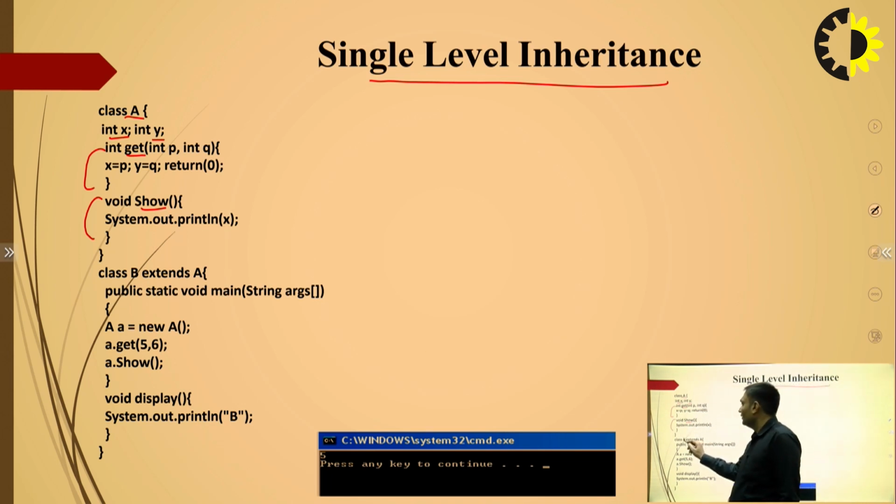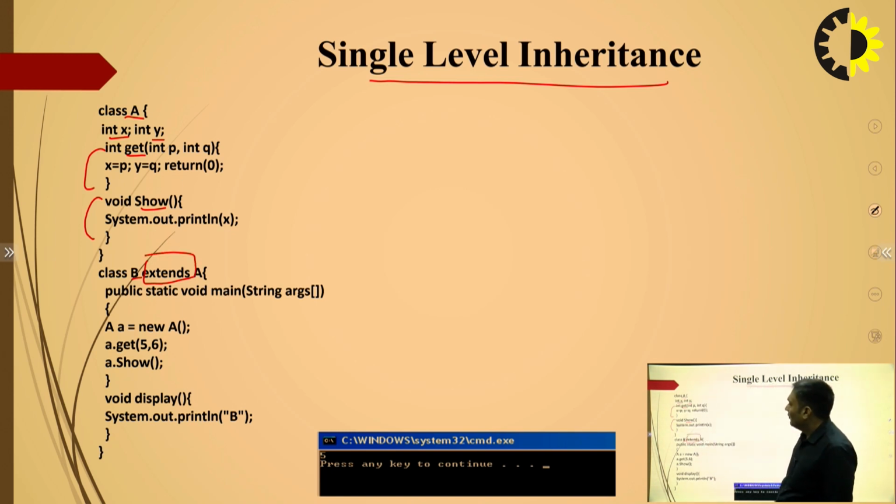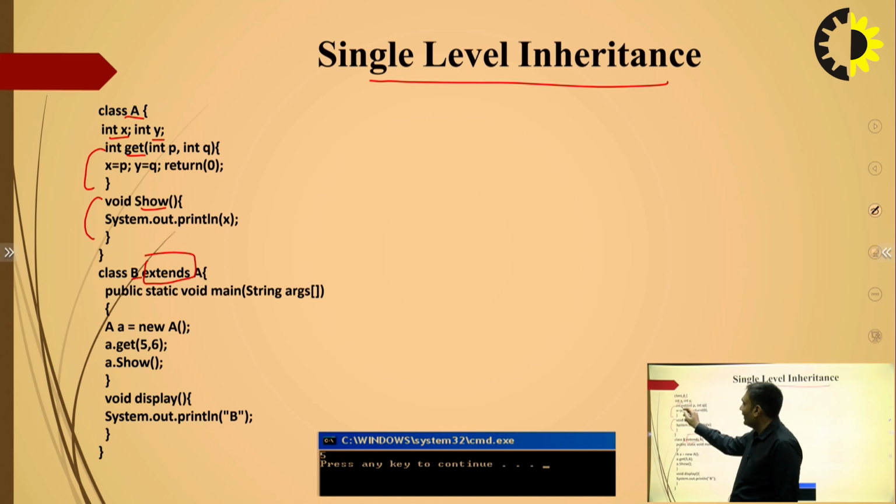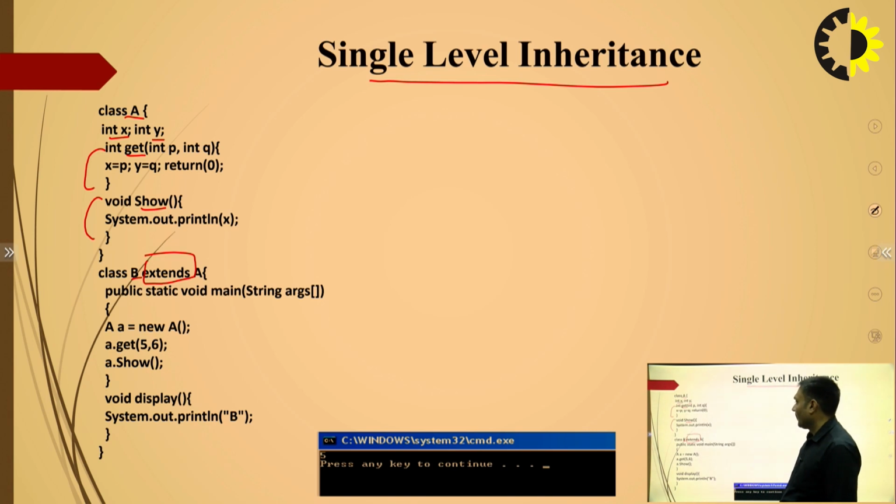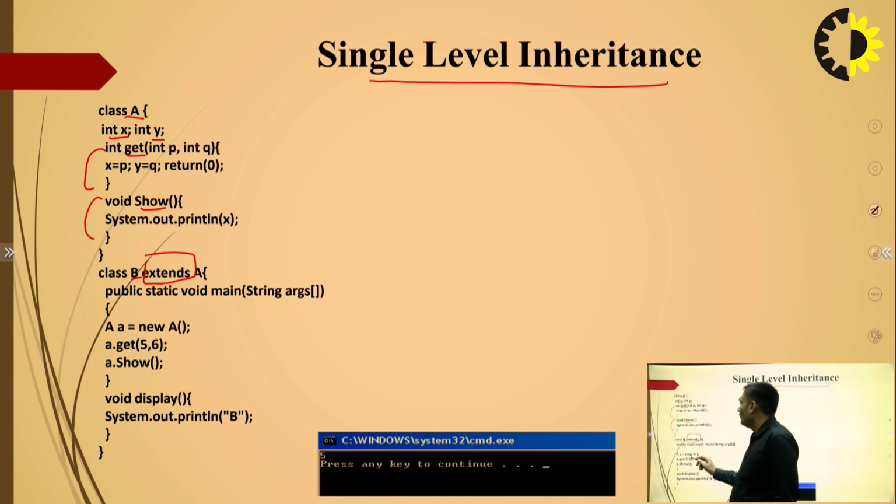Now class B is extending class A, so I will use the extends keyword here. Just by writing extends, get and show automatically come inside class B. Now when we create the object of A, I can call A dot get 5, 6, and this method will be called.